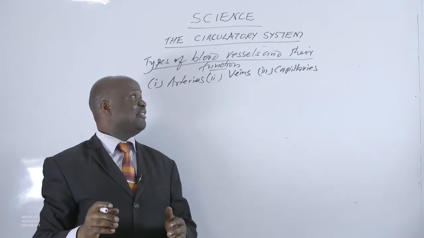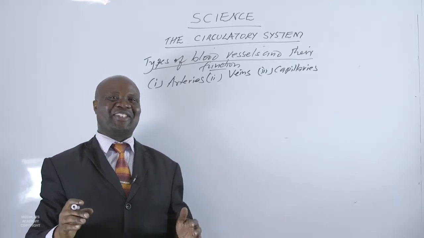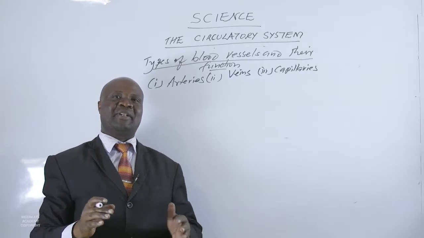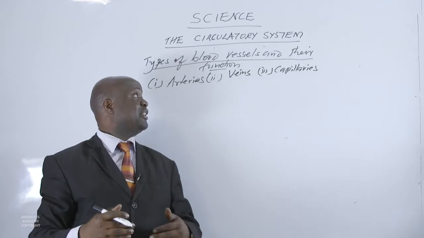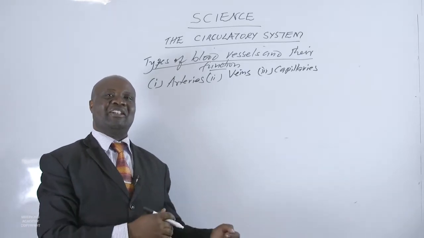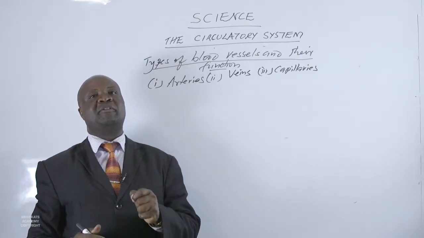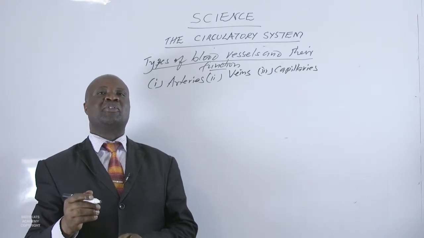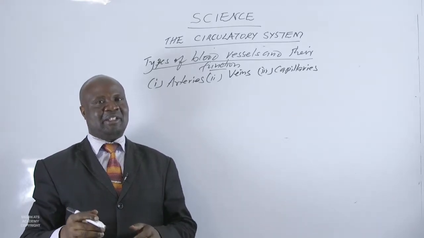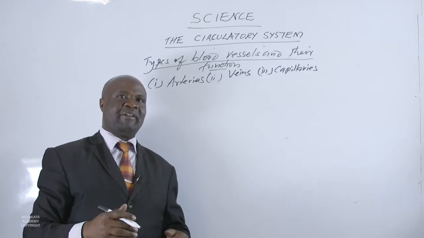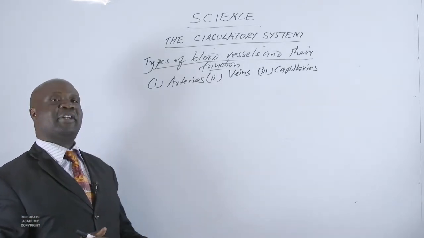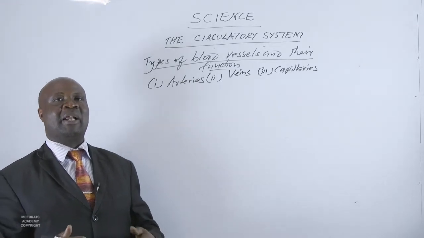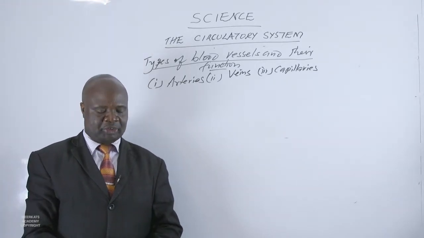There are times they serve as interconnections. They connect the arteries and veins. We normally say most of the arteries carry oxygenated blood, and most of the veins carry deoxygenated blood, meaning the oxygen is there but minimal. But when we talk of arteries, they carry blood that is rich in oxygen.